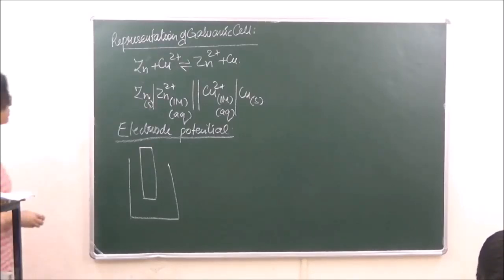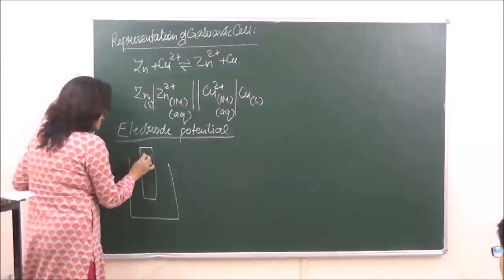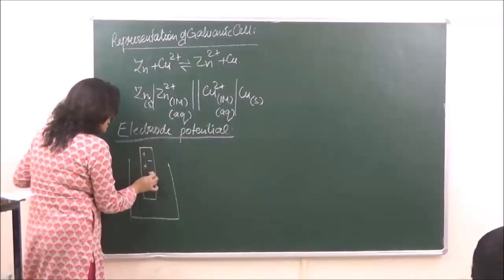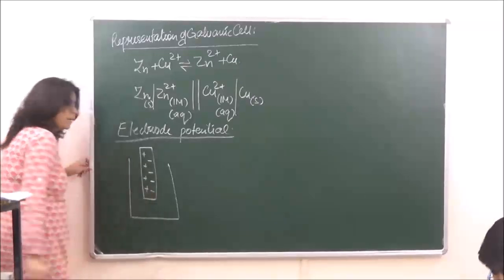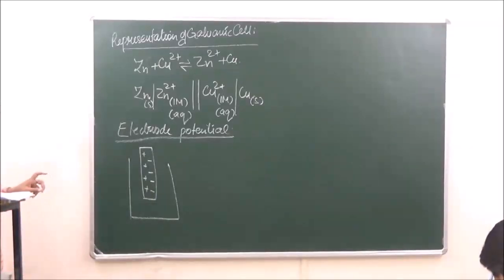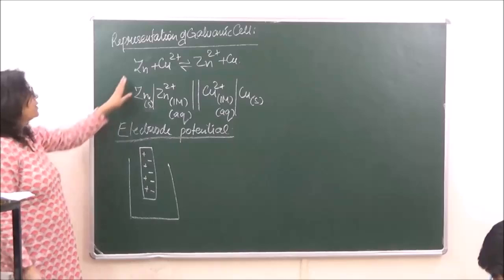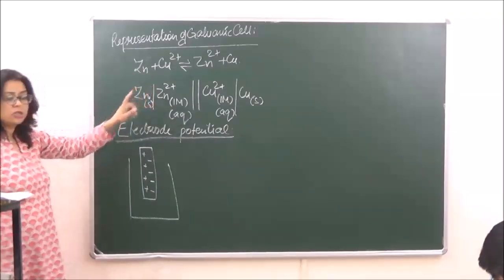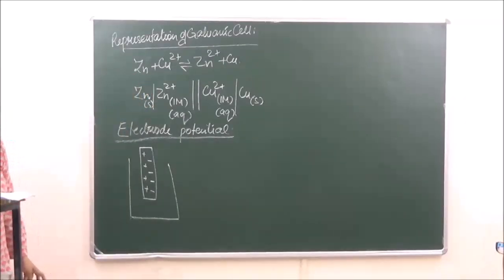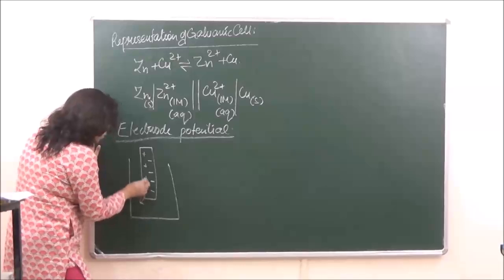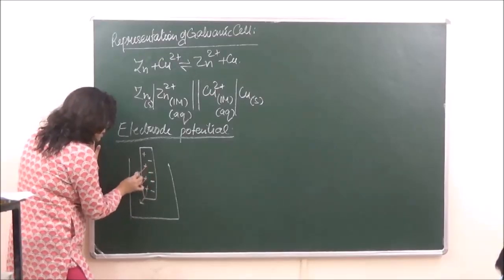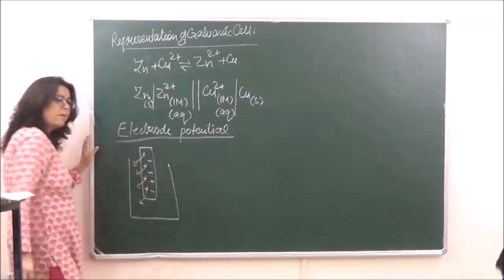This zinc plate will have both the ions, positive and negative. What is zinc doing over here? Zinc is losing electrons to go into the Zn2+ state. Right? So we can say that the positive charge is moving out from the zinc plate.